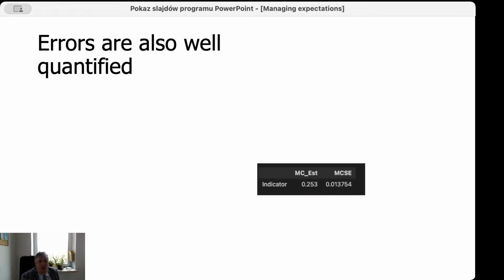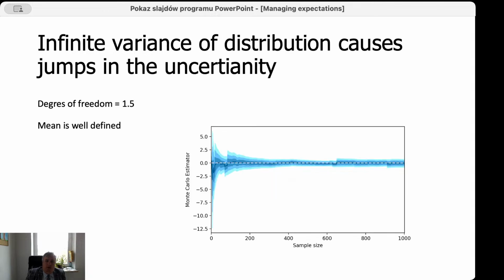And as we can see, the errors are also rather well behaved. The estimate of the indicator function probability, the probability of x being between -1 and 0, is around 25%, with a 1% Monte Carlo standard error.